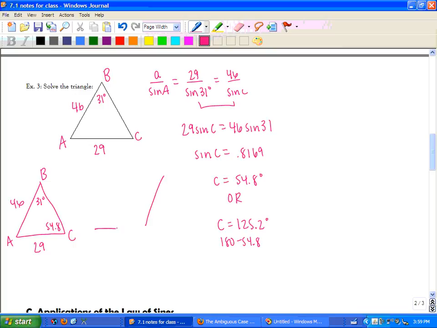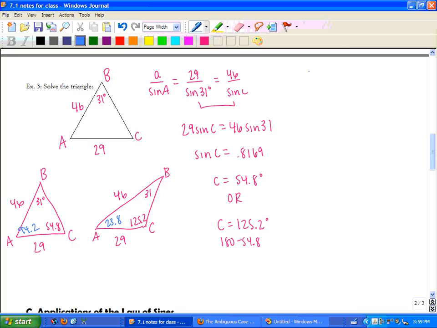Or it could be an obtuse triangle with 31, 125.2, and this side being 46, and the bottom being 29. So we're not sure which version we're working with here, so we need to try it two different ways. So set up both those ways. We can subtract from 180, and we get that A is 94.2 in this triangle, or it'd be 23.8 in this triangle. So we'll proceed from there.